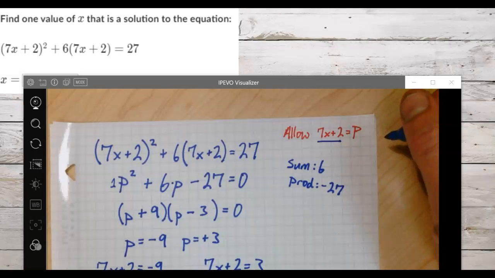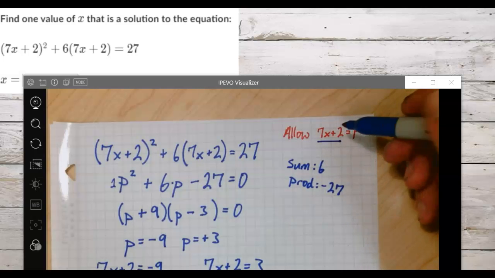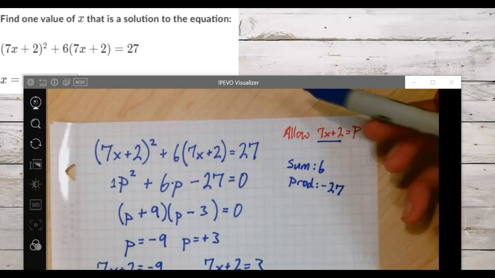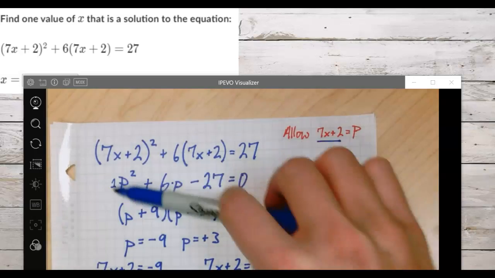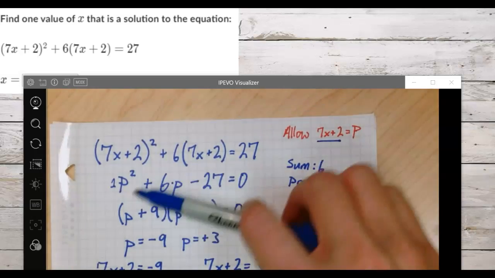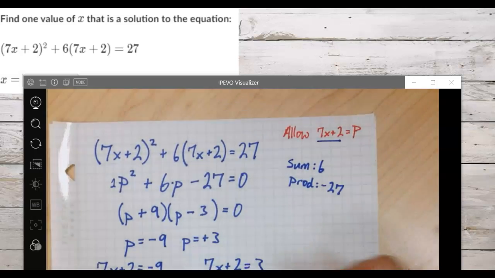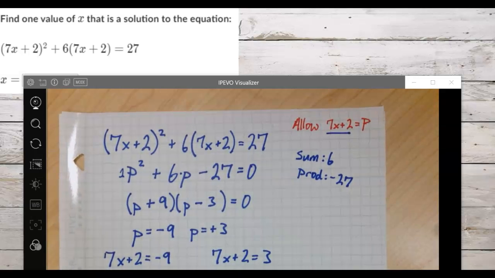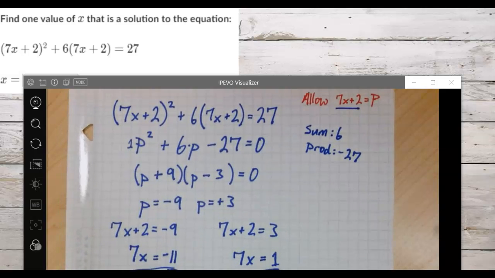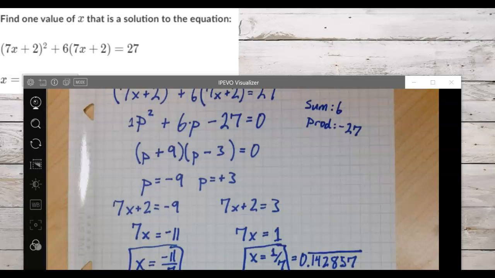Because anytime we can make math easier, we want to. So then we solve the quote-unquote easier trinomial, factor it out, and then we use that factored solution to get the actual solution to the original, subbing back in our p-value. Boom.